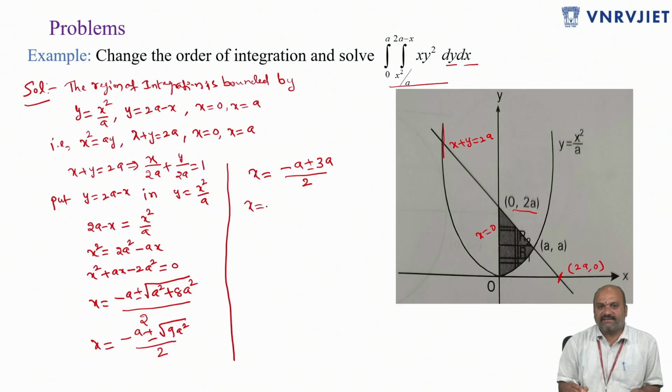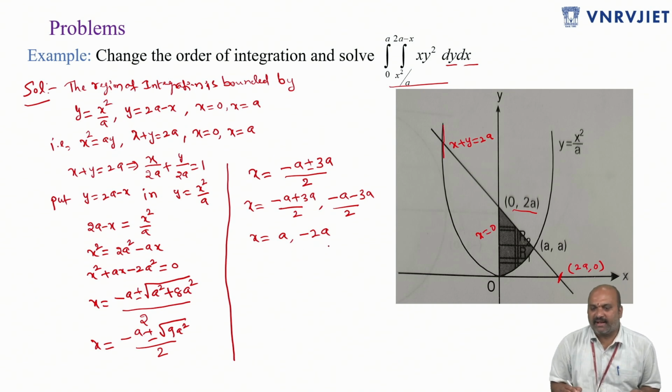One value is minus a plus 3a divided by 2, and the other is minus a minus 3a divided by 2. So x equals 2a by 2, which is a, and minus 4a by 2, which is minus 2a. So x equals a, minus 2a. The parabola intersects the line at x equals a and minus 2a.